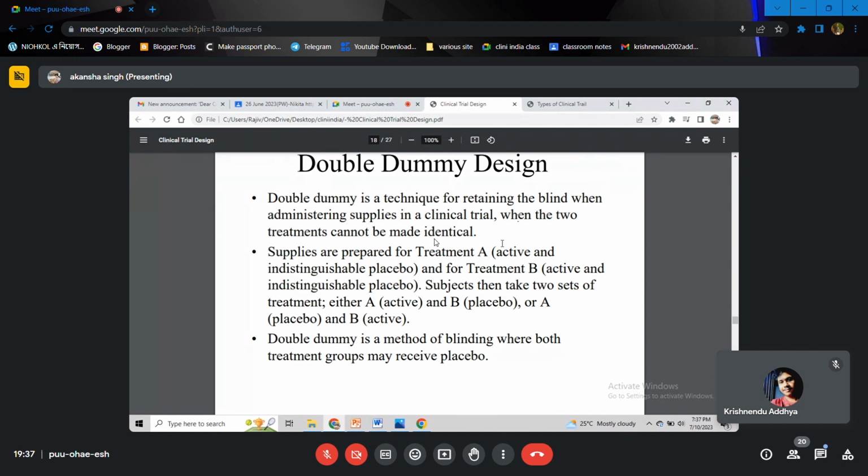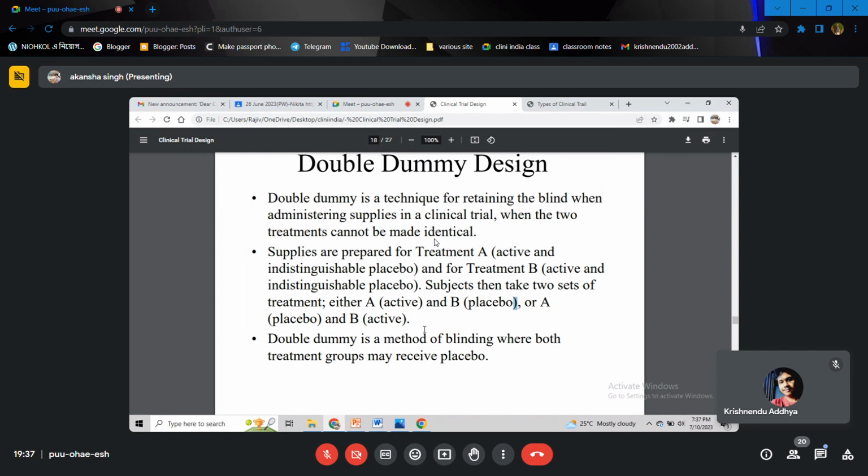We have to administer certain supply or design certain drug so that it looks identical. Like supplies are prepared for treatment A, active and placebo, and treatment B, active and placebo. Like in the factorial design, we have taken treatment A, treatment B, and placebo of A and placebo of B. Subjects then take two sets of treatment, either A active and B placebo, or A placebo and B active.